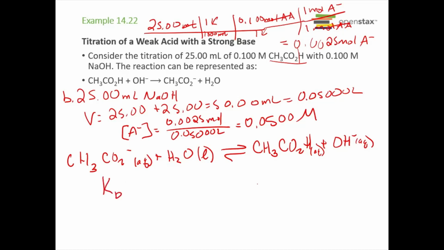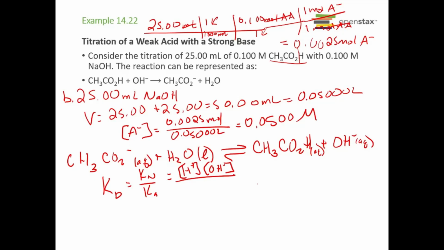And the Kb for this reaction is going to be equal to our H plus times OH. Well, we know that Kb is equal to Kw over Ka, and Kw is equal to H plus times OH, over the Ka.